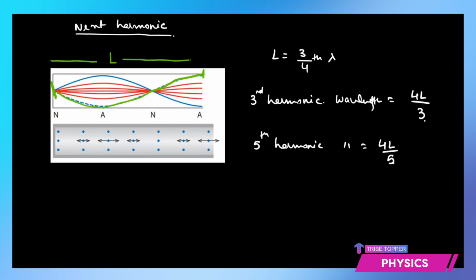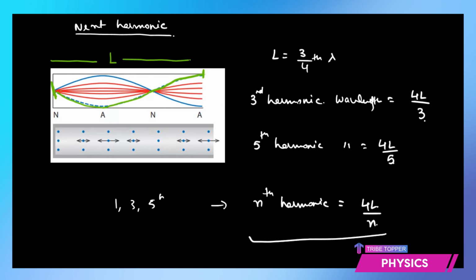So we have the odd harmonics: the first, third, fifth harmonics, and that means the nth harmonic is going to have a wavelength of 4L by n. This is how you can find the nth harmonic wavelength in a pipe for standing waves when one end is closed and one end is open.